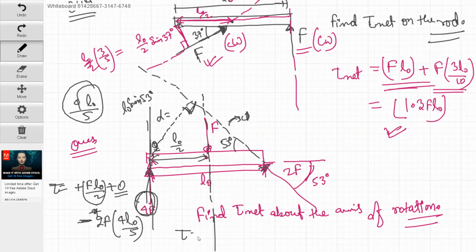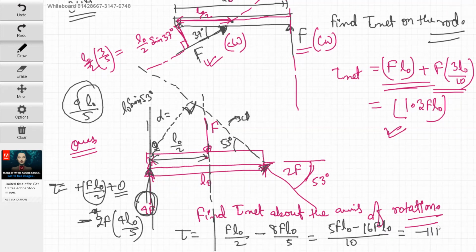So torque net will be equal to F into L naught by 2 minus 8F L naught by 5. So over 10, this is 5F L naught minus 16F L naught. So that is equal to minus 11 F L naught by 10.